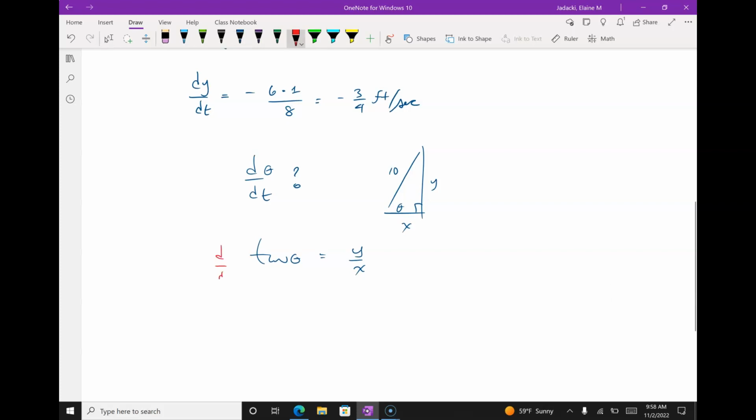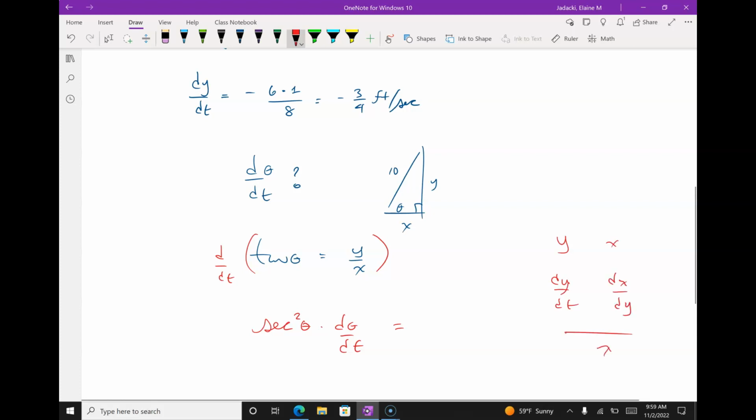What would we get? Well, on the left side, it's just a trig, right? So derivative of tangent is secant squared, right? So secant squared theta times d theta dt, right? Chain rule. And on the right side, it has to be quotient rule, right? So y dy dt, x dx dt over x squared, right?